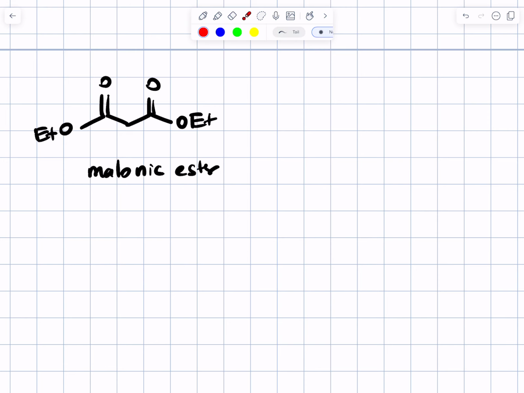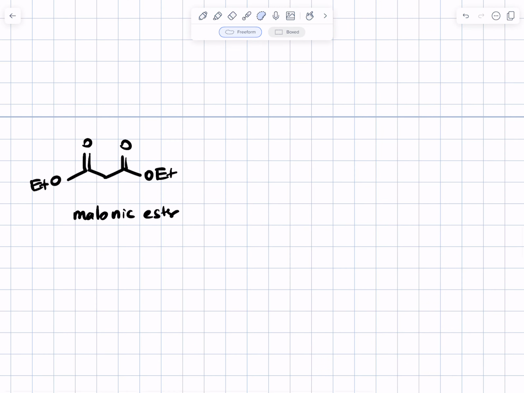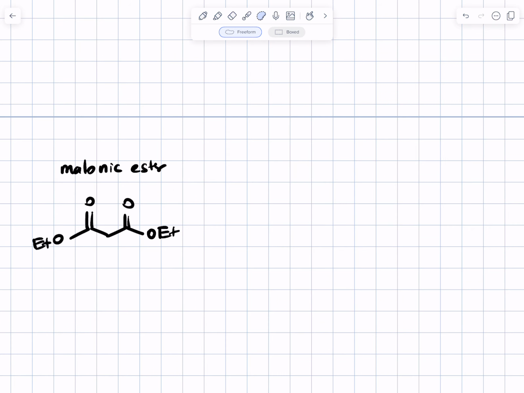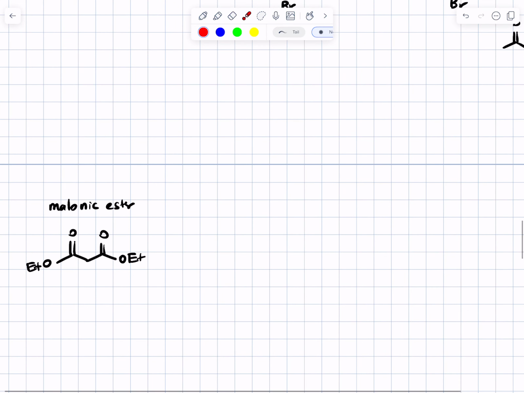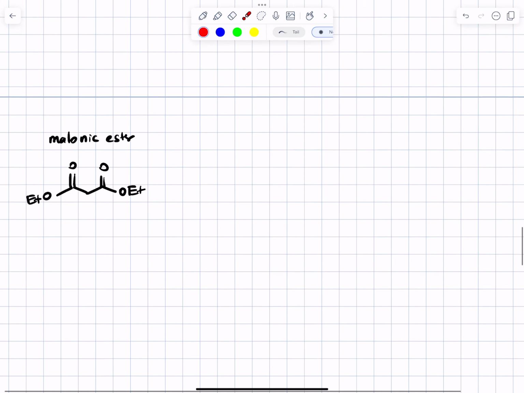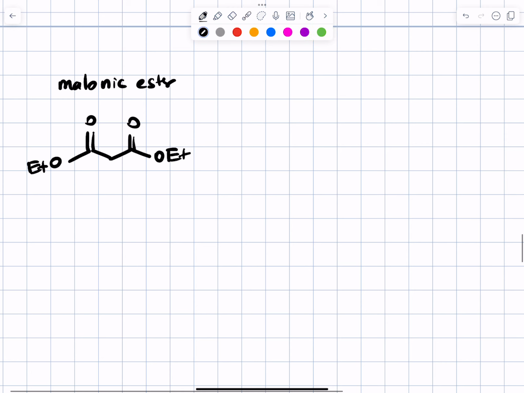The only difference between malonic ester and acetoacetic ester is malonic ester is a beta diester instead of a beta ketoester. But you still have a carbonyl carbon, an alpha carbon, and a beta carbon. So you can do similar things with the malonic ester.